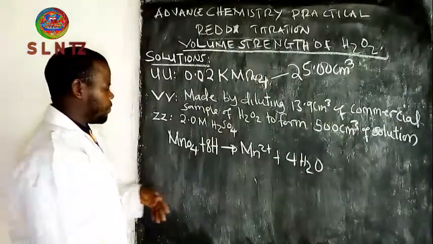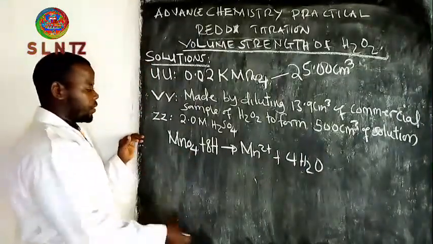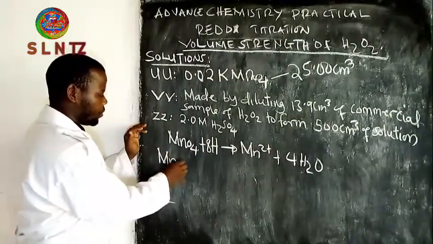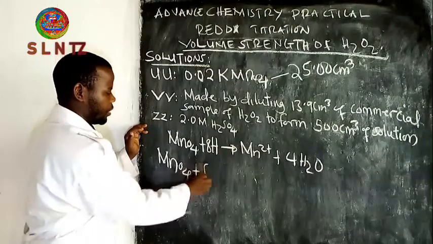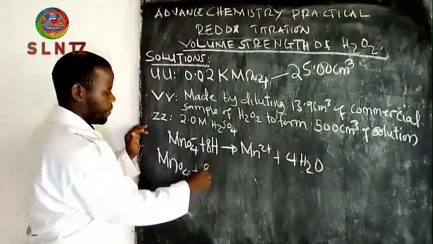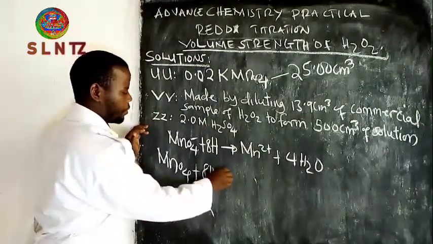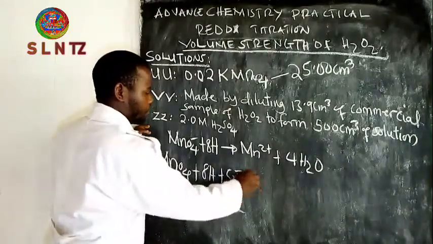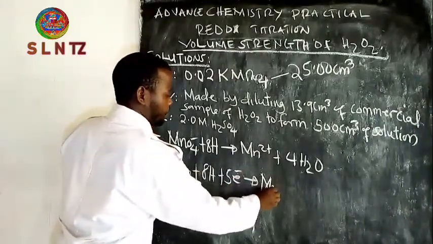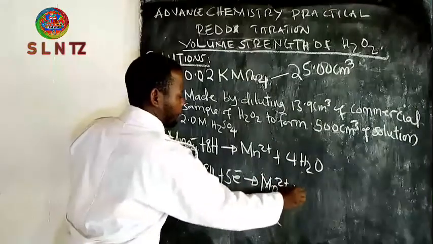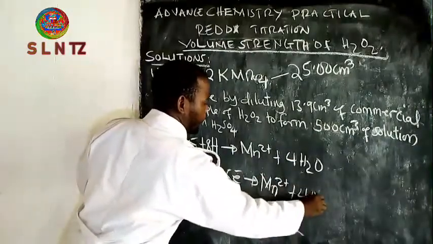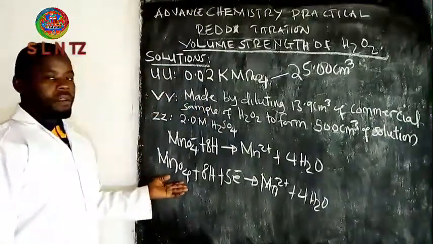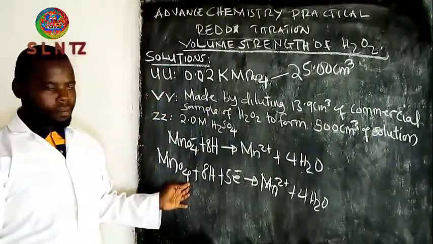In terms of balancing, it means MnO4 negative plus 8 H plus plus 5 electrons is equal to Mn2 plus plus water. That is our half reaction for reduction.